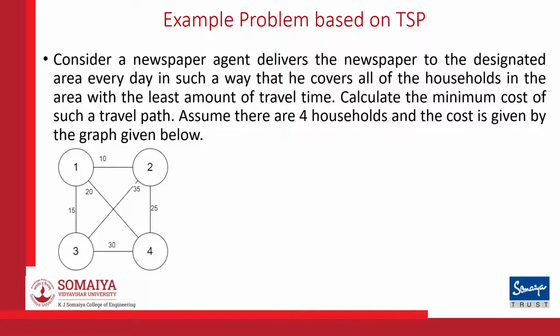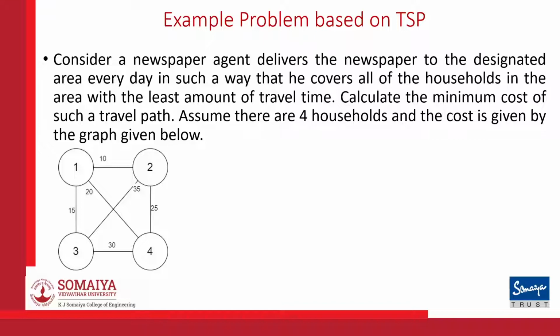This is the example problem that we based on traveling salesman. So consider a newspaper agent who delivers newspapers to a designated area every day in such a way that he covers all of the households in the area with the least amount of travel time. Calculate the minimum cost of such a travel path. Assume there are 4 households and the cost is given by the graph given below.